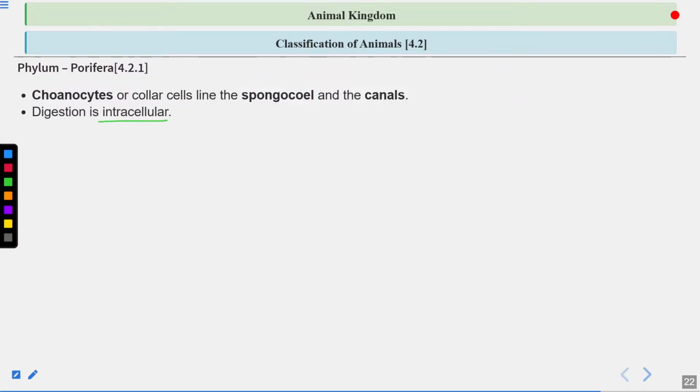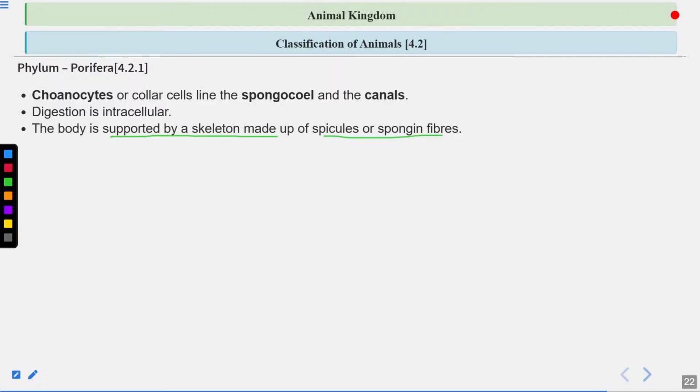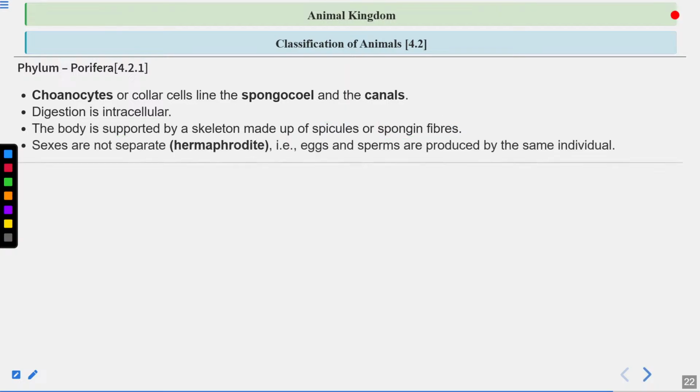Digestion is intracellular. The body is supported by the skeleton made up of the spicules and spongin fibers. They are having some sort of skeletal system because of the presence of these spicules and spongin fibers, right? That makes the body of the sponges. Sexes are not separate.